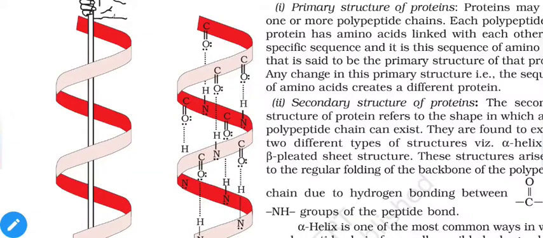So there is a possibility of hydrogen bonding between the hydrogen, that means the NH group, and the CO group oxygen. So they will attract each other like this.